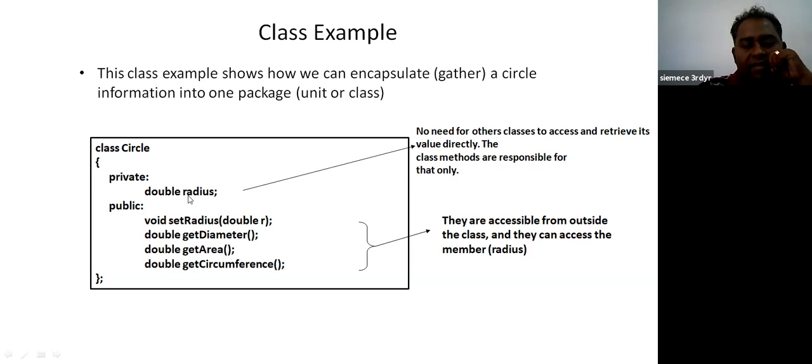Who can access it? These methods can. Only the member functions of a class can modify the data member. Since these member functions have been defined public, they can be accessed from outside the class, and they can access the data member. Is it clear?